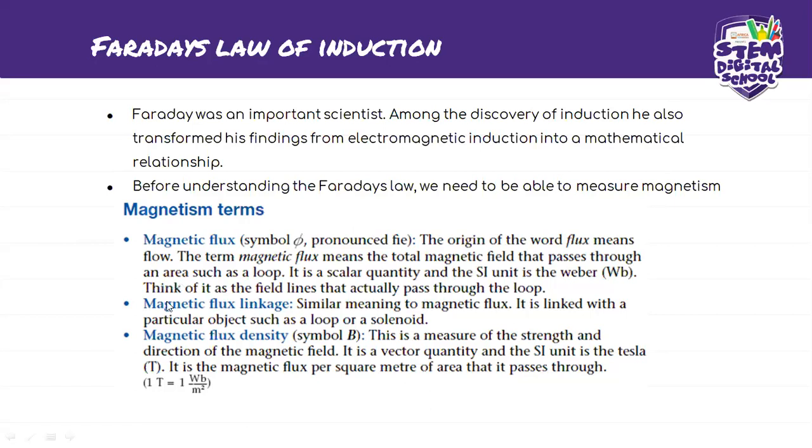Then number 3, we have the magnetic flux density, which has the symbol B. This is a measure of the strength and direction of the magnetic field. It is a vector quantity, and the SI unit is the Tesla, which is T. It is the magnetic flux per square meter of an area that it passes through. This is 1 Tesla.